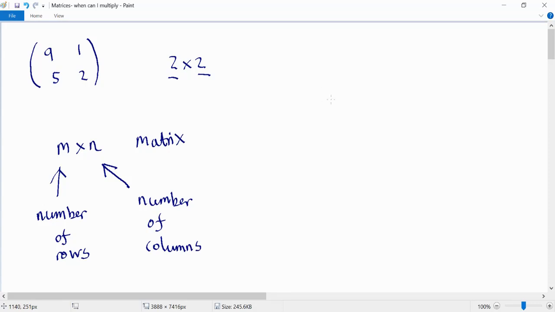So for instance, a 3 by 2 matrix could look something like this, because it's got 3 rows and 2 columns.